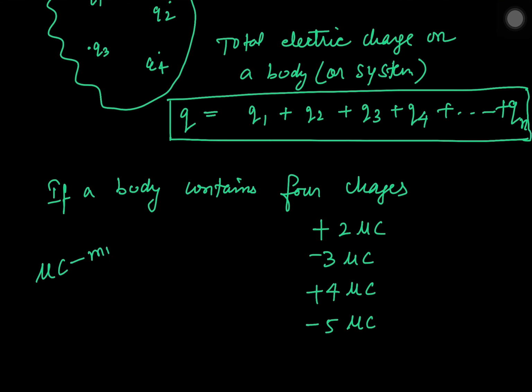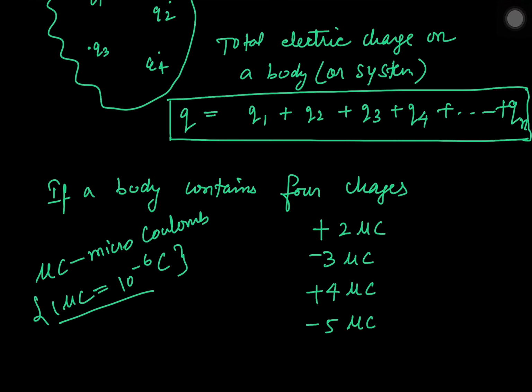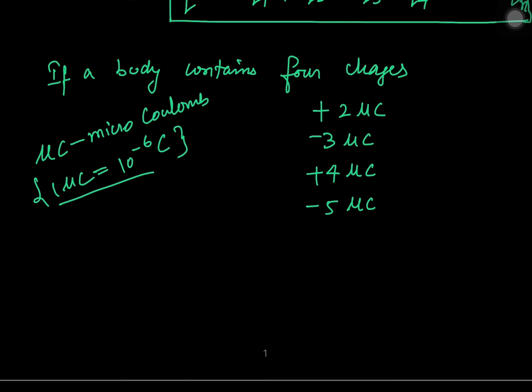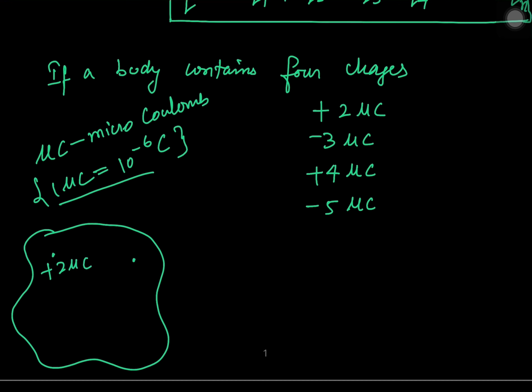This is the symbol for the microcoulomb, which means 1 microcoulomb is equal to 10 to the power minus 6 coulomb. So let us consider a body containing these 4 charges: plus 2 microcoulomb, minus 3 microcoulomb, plus 4 microcoulomb, minus 5 microcoulomb.